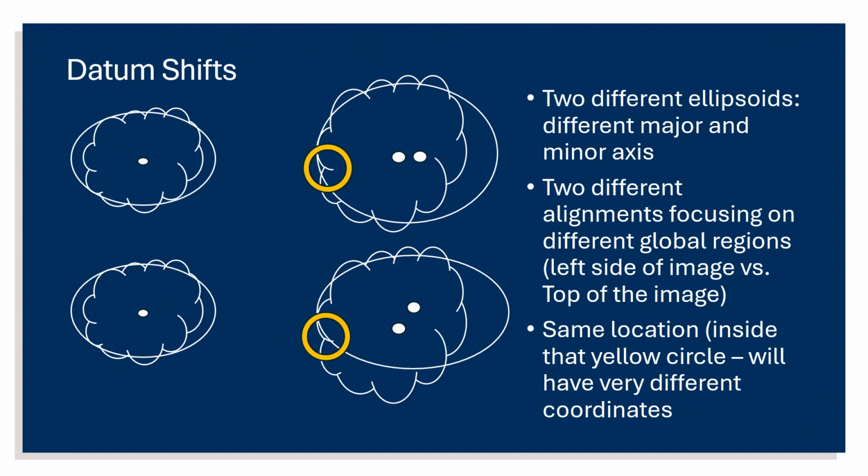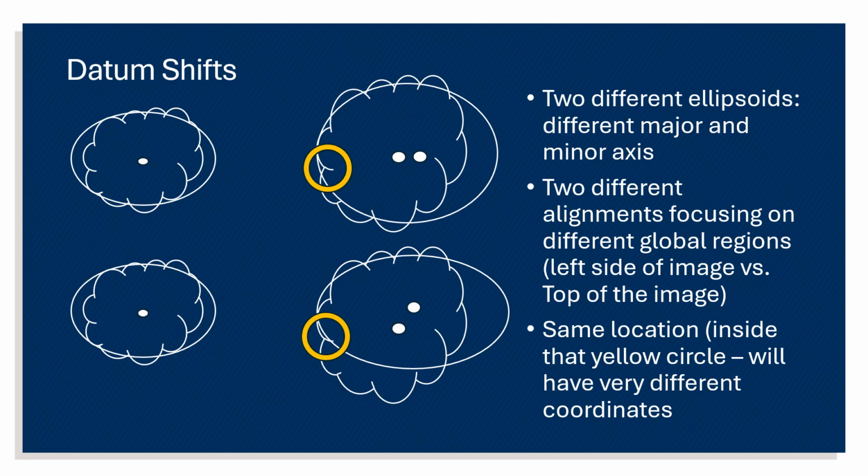So here we have the same sort of ellipsoid overlay on the geoid with paired centers on the left. What happens when we try to align them? We have two different ellipsoids with different major and minor axes, because on the right, the top one is more rounded and the bottom is more oblate, in other words, a little flatter at the top and bottom.